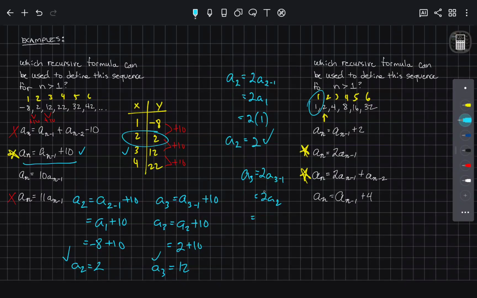Okay, so that means now we're using the second term and multiplying it by 2. The second term was 2, and we just found that right here. So we know that the third term is going to be 4, and the third term was 4. This is good. These are just some approaches that you can take to writing and reading recursive formulas when given a list of numbers.